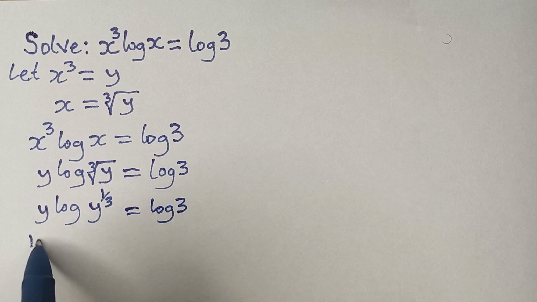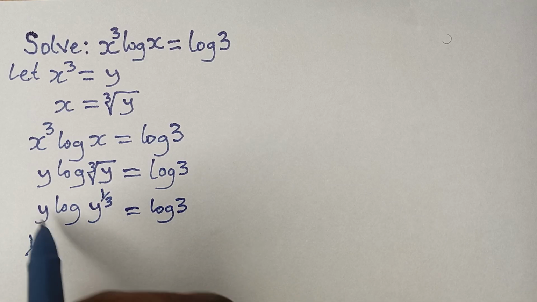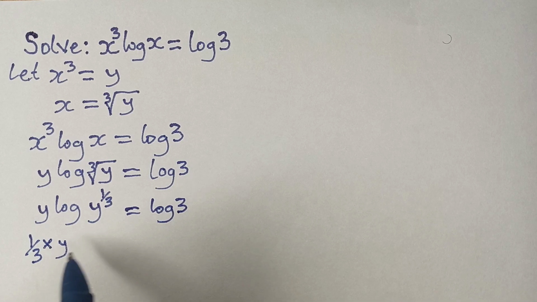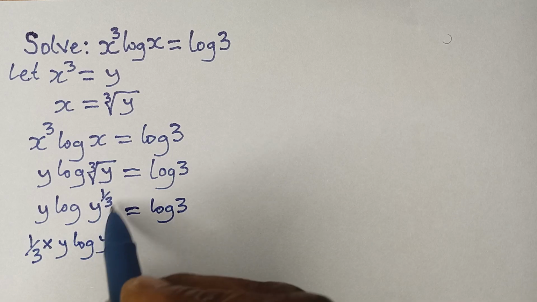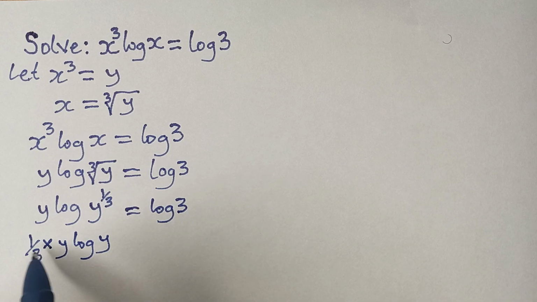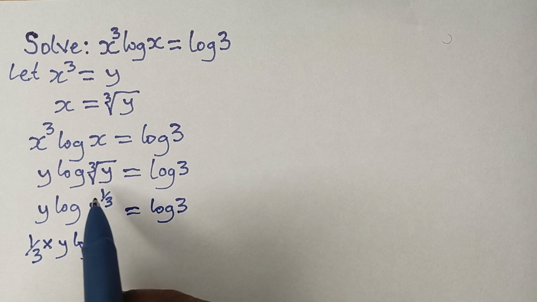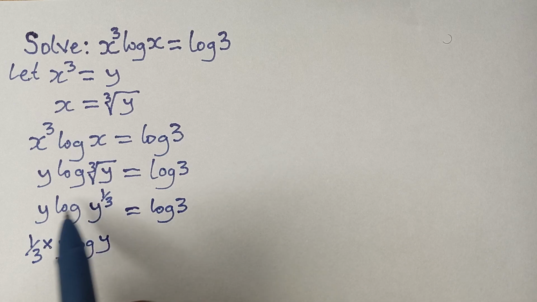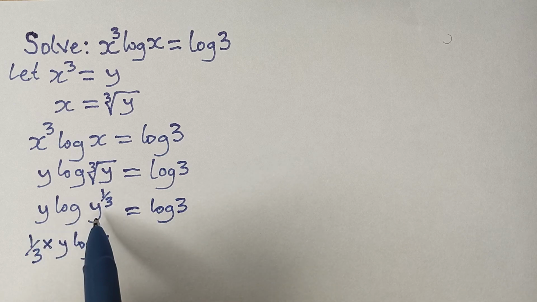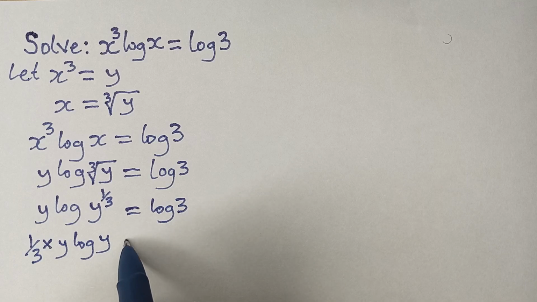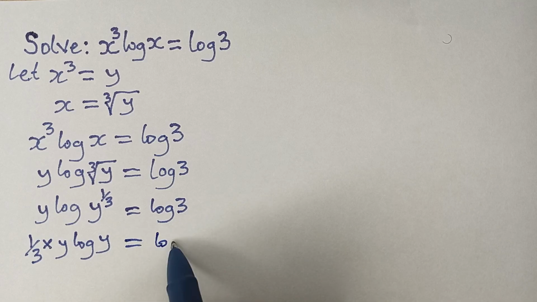I say 1 all over 3, then multiplied by the y that is here already, and then log y. So the 1 over 3 has come to this side to be used to multiply this. Don't forget that rule of logarithm that says the power can be used to multiply the log of the number itself, and that is equal to log 3.